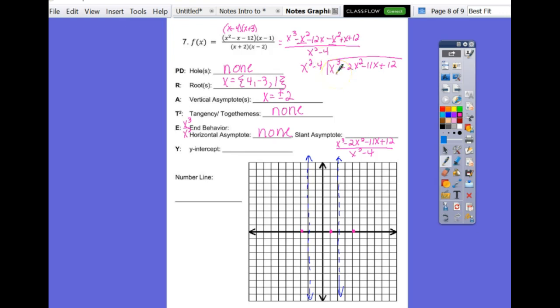X to the third divided by x squared gives me x. So I'm going to multiply and get x to the third and then minus 4x, but I'm going to change the signs. So I have to bring down the 2x squared.